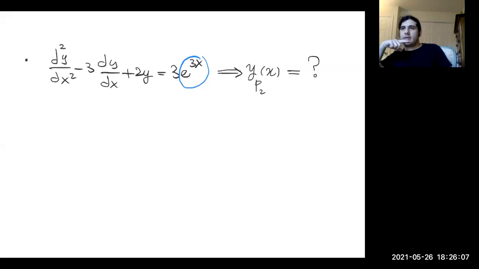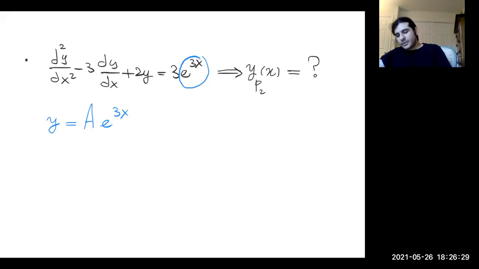Yeah, I think John's answer is correct. So the idea is that if y itself is a constant number times e to the 3x, for some suitable a, we can hope it would solve this equation.